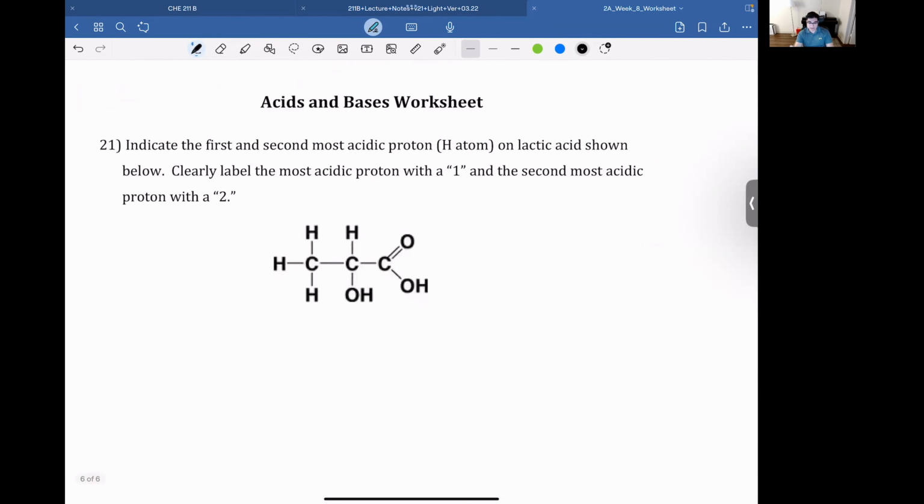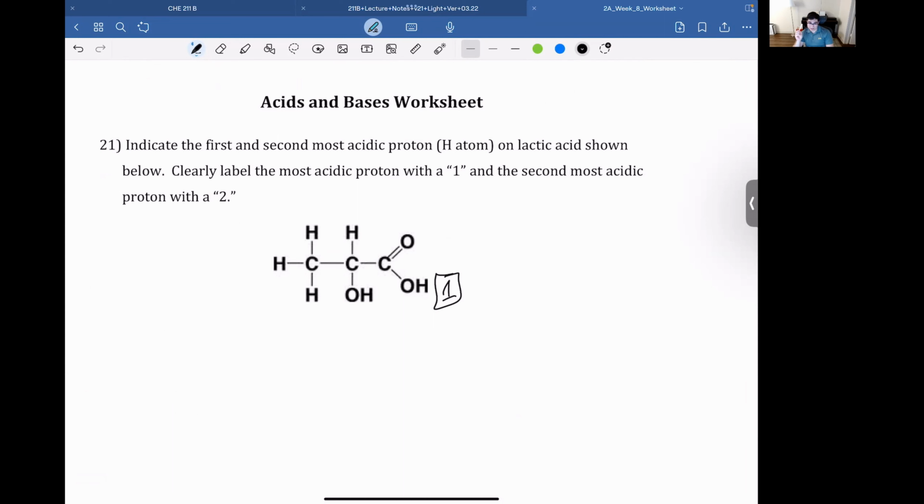21, it says indicate the first and second most acidic proton in the lactic acid shown below. Also some organic chemistry here. So things that are next to these C double bond O groups are most acidic. We call them carboxylic acids. So I should say things next to the C double bond O and are on an oxygen.